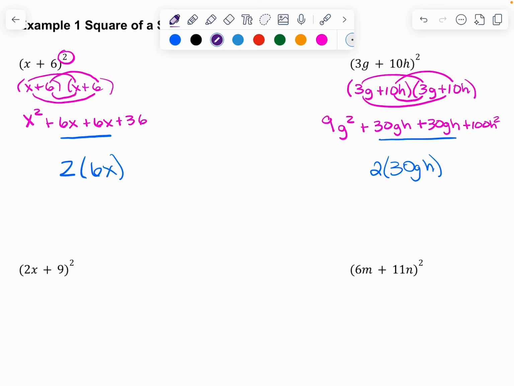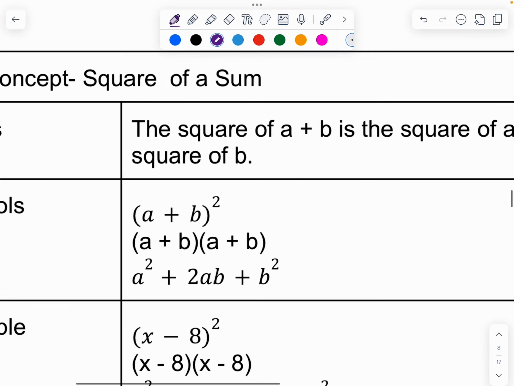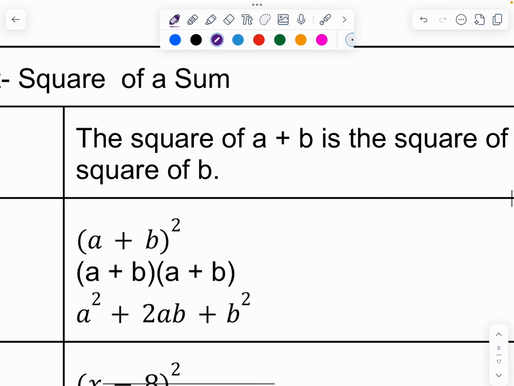The other thing I want you to notice is this is squared and this is squared. Or they're perfect squares. So this right here is a perfect square. This right here is a perfect square. So what it's saying to do up here is when you have something that looks like this, you rewrite it in 2 terms.